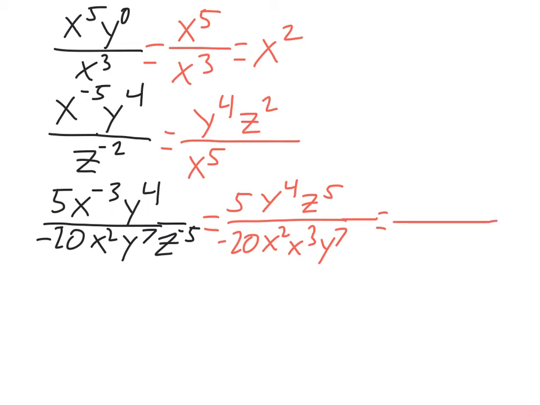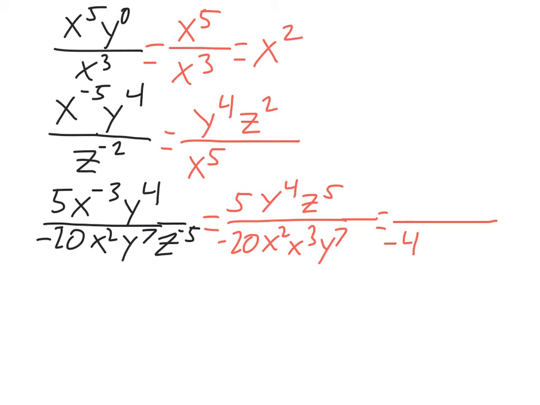And if it's just 1, you don't have to put it unless it's the only thing on top. So 5 becomes 1. Negative 20 divided by 5 will become a negative 4. So 5 over negative 20 became 1 over negative 4.